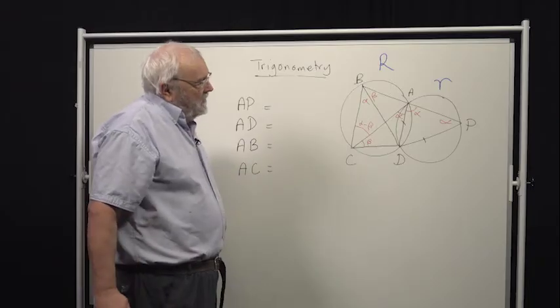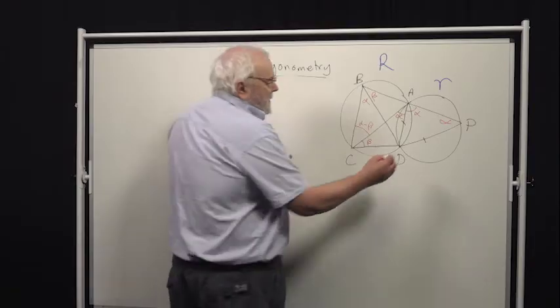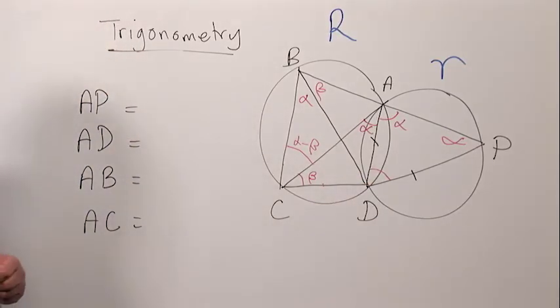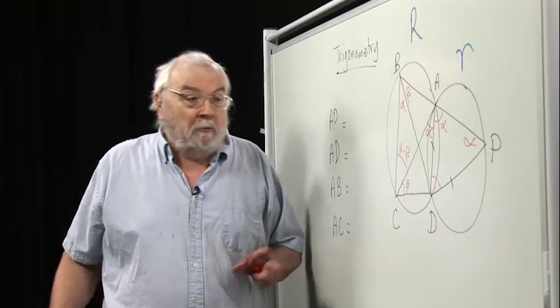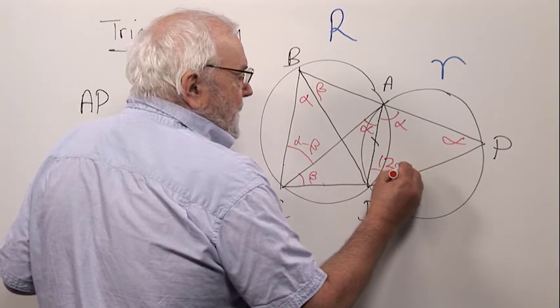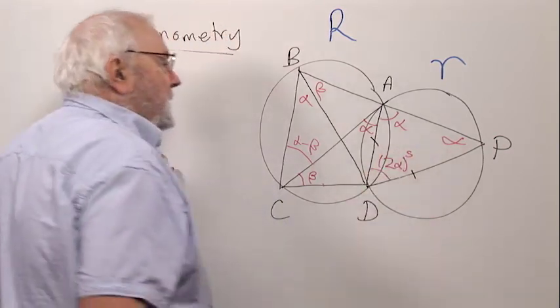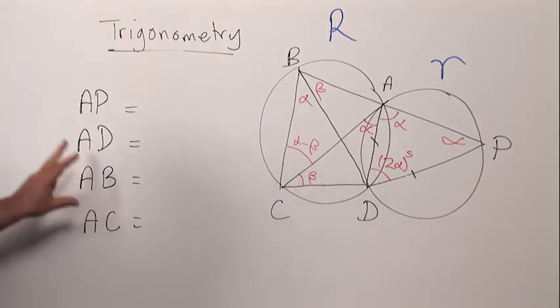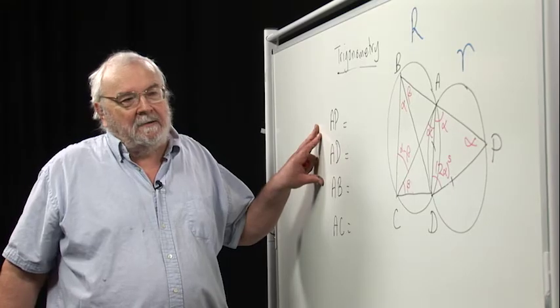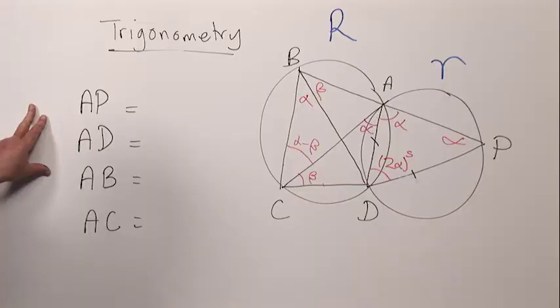There's another angle which turns out to be useful, which is this angle here. The angles of a triangle add up to 180, so this is going to be 180 take away 2 alpha. And the neat way to say that is that it is the supplement of 2 alpha. Put a little S up there in the exponent. So stare at those angles and make sure that you agree.